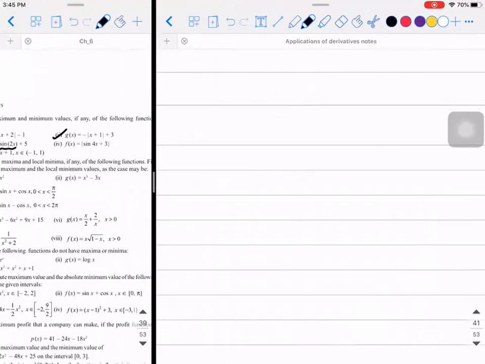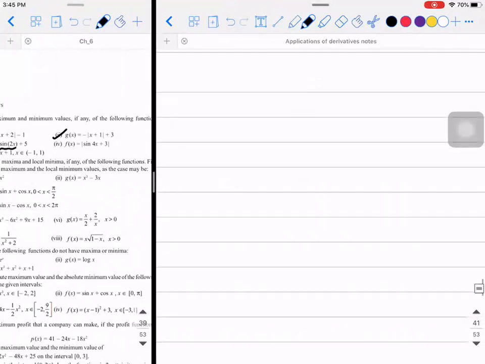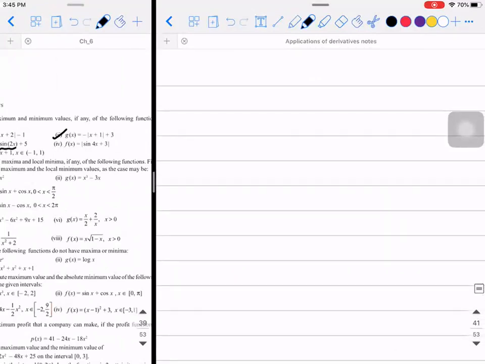So f of x is equal to what? Fourth one. f of x is equal to mod of sine of 4x plus 3. Right. So what will be the least value and what will be the maximum value? So first of all, how are you going to define this function?